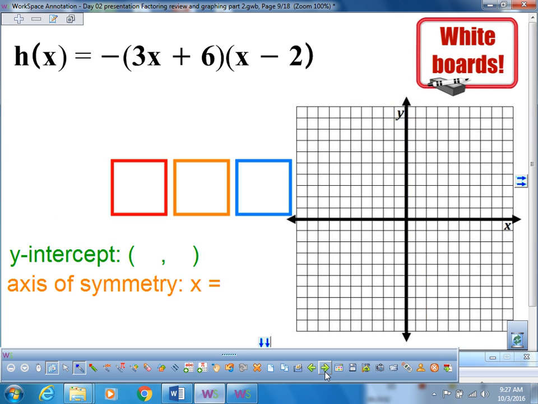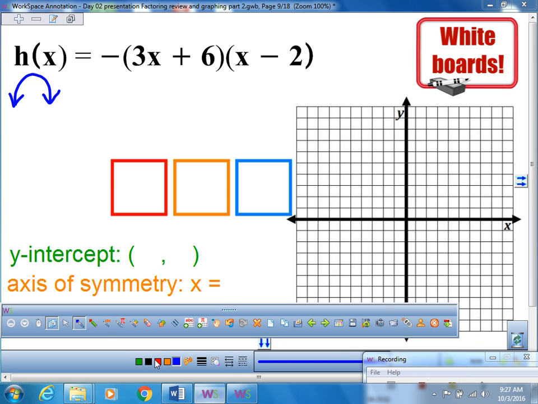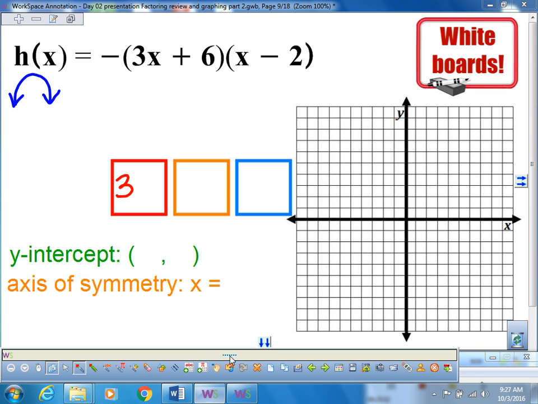I really want to get to the factoring. What do I know? What's different about this graph? It's negative. What does that mean for the graph? It's going to be pointing down. What's the rate of change of this graph? It's 3, guys. Okay, check this out.